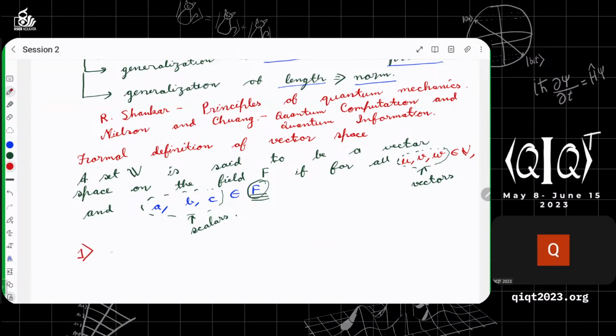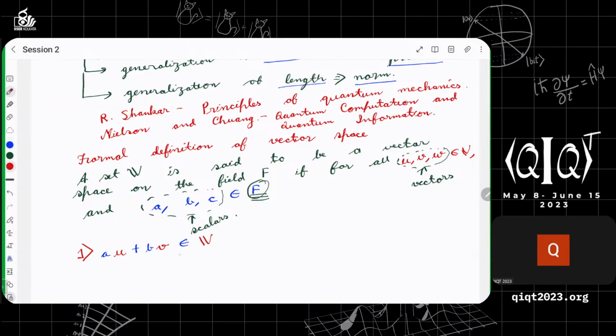So firstly, if you take a linear combination of say u and v, which means you take the vector u, you take the vector v, you multiply with two scalars, say a and b, and you add them. This is called a linear combination, as we had discussed last class as well.